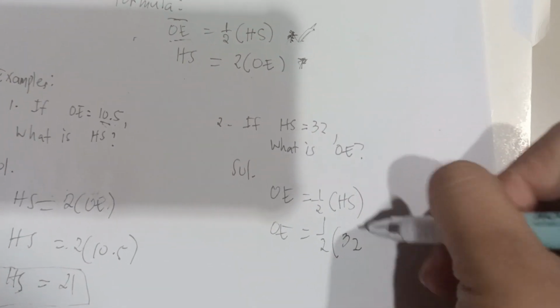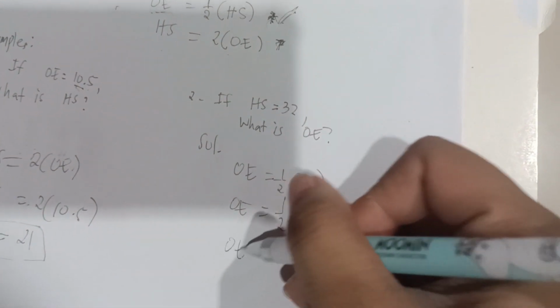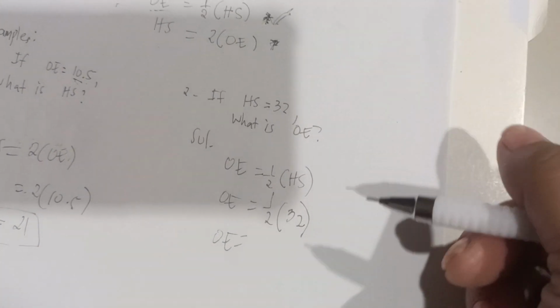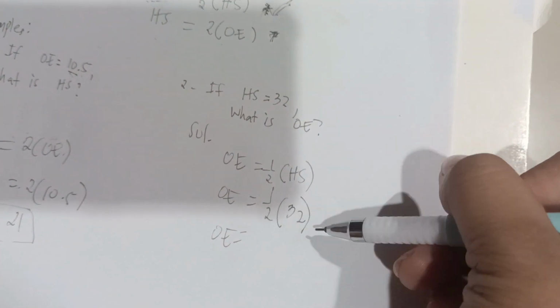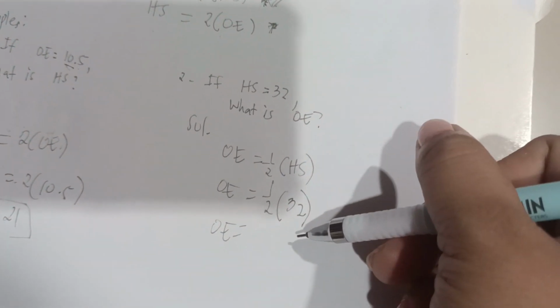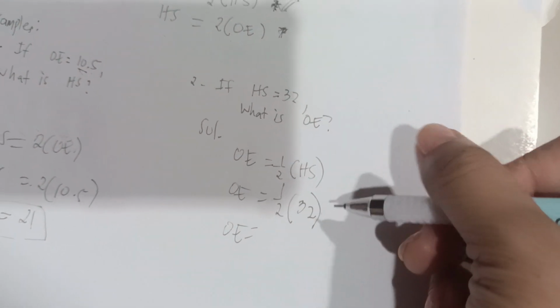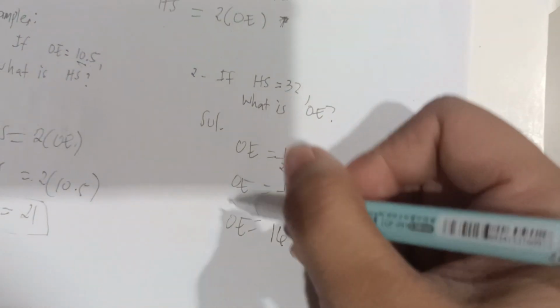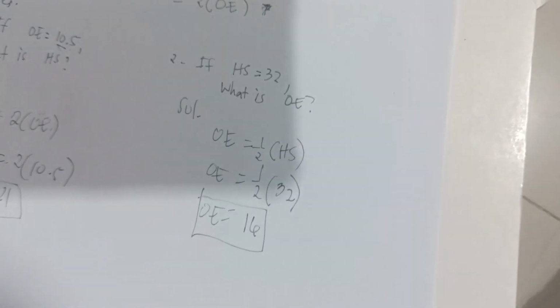HS is 32. So what is 1/2 of 32? 32 divided by 2: 30 divided by 2 is 15, 2 divided by 2 is 1. So that would be 16. That is the value of our OA.